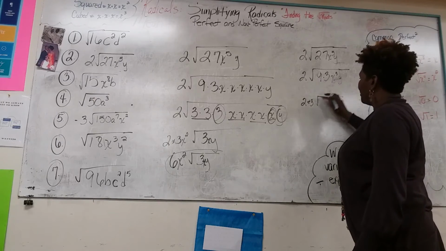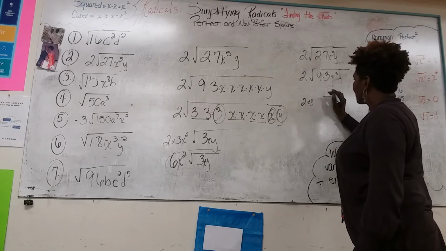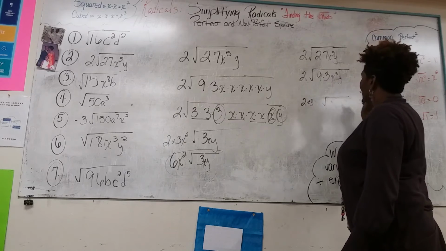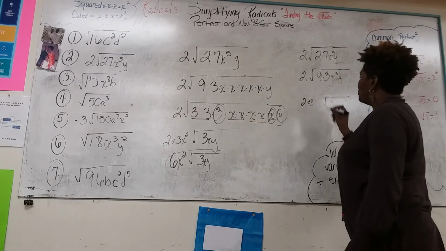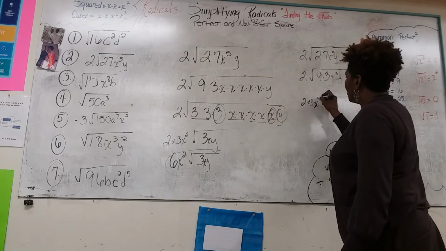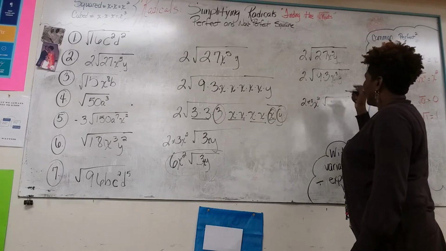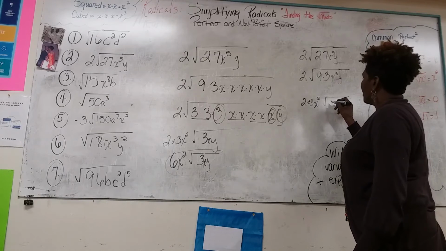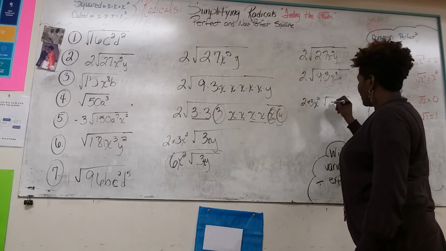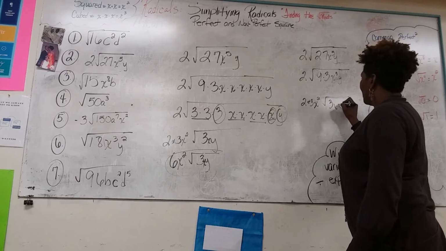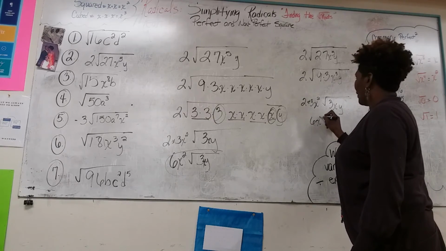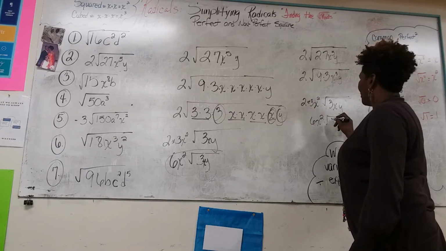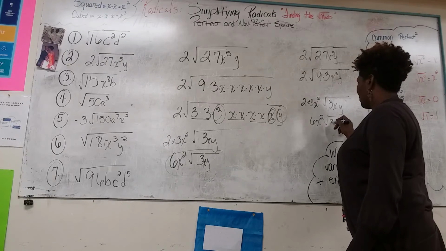And then I know that 5 divided by 2 is 2, and it leaves an x, and then y. So what I have left is 3xy. My answer is 6x squared square root of 3xy.